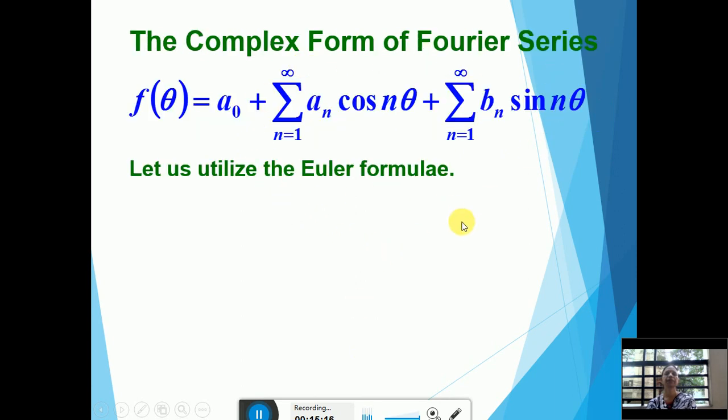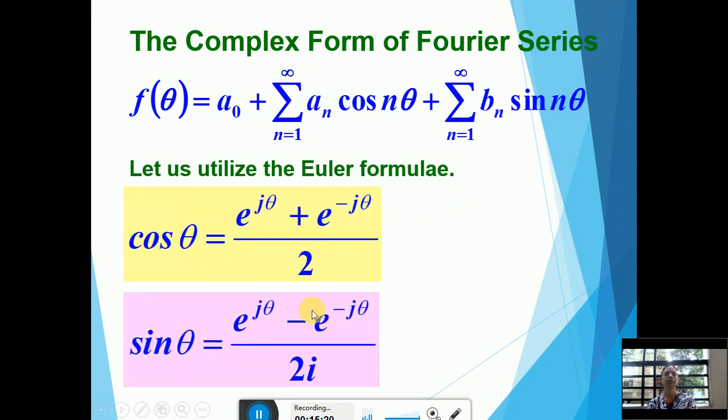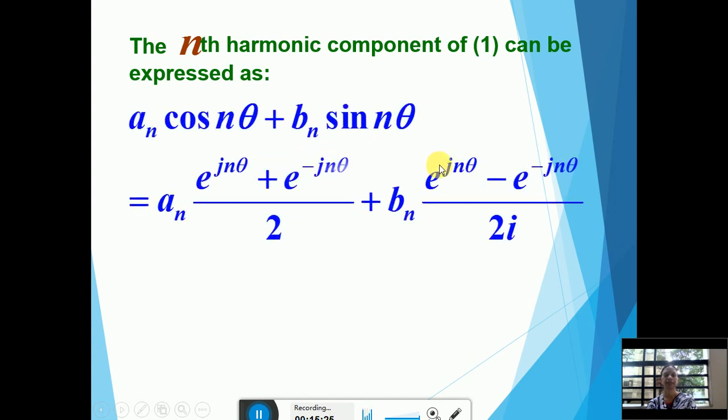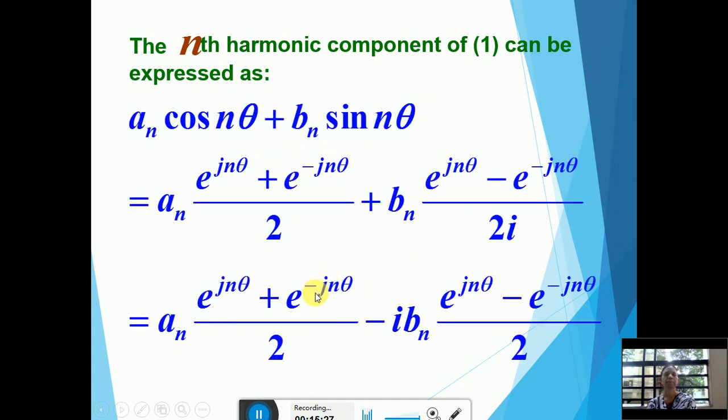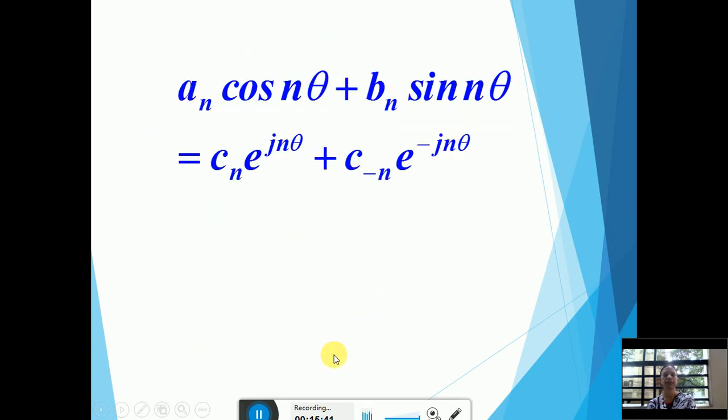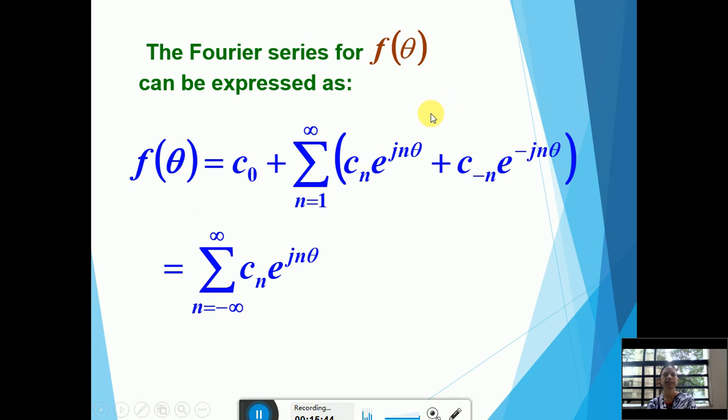The complex form of the Fourier series is given by this. So, by using the formulae for cos theta and sin theta, the nth harmonic can be expressed like this, which can be given by this. Combining cos n theta and sin n theta, and denoting Cn by this and C minus n by this, with C0 equal to A0, we get a relation like this, and the Fourier series can be expressed in terms of this.